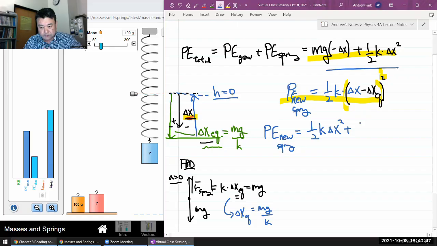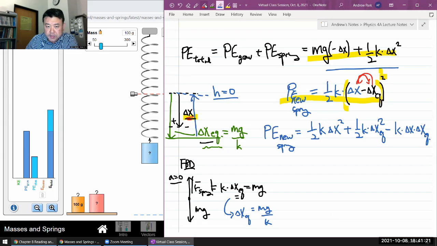So when I distribute 1/2 k, it's 1/2 k times delta x equilibrium squared. Okay, and I have the cross terms, the terms you get from multiplying this with that and this with that. There's two of them, and it's minus, so 2 times 1/2, so 1 times k, and the cross term, delta x times delta x equilibrium.